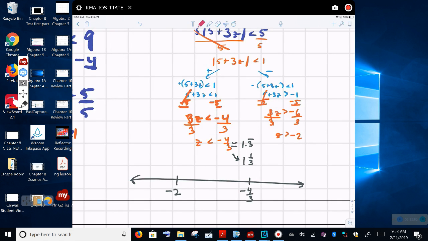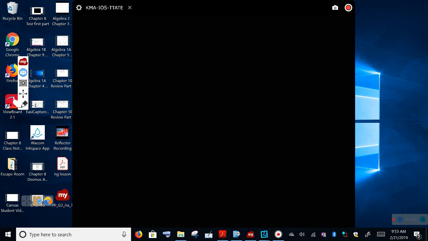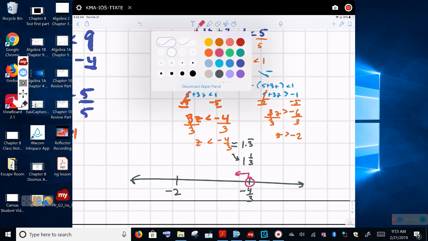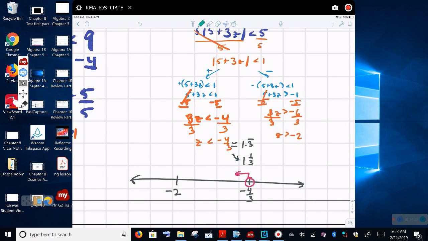Okay, let's check out the one on the left. z is less than negative 4/3. That is going to be an open circle, and I will shade to the left. And then z is greater than negative 2. That is an open circle, and I will shade to the right.